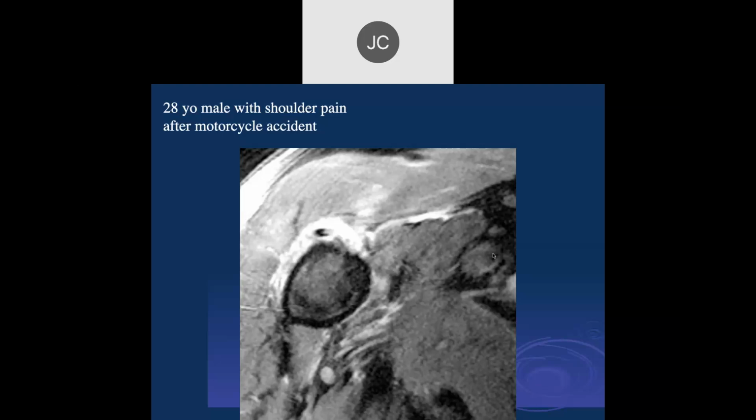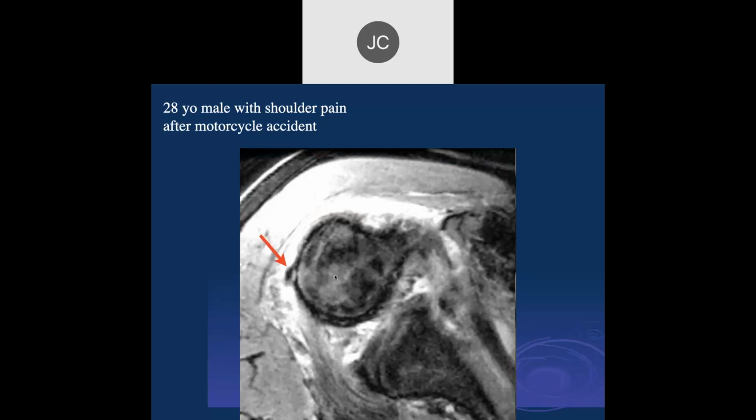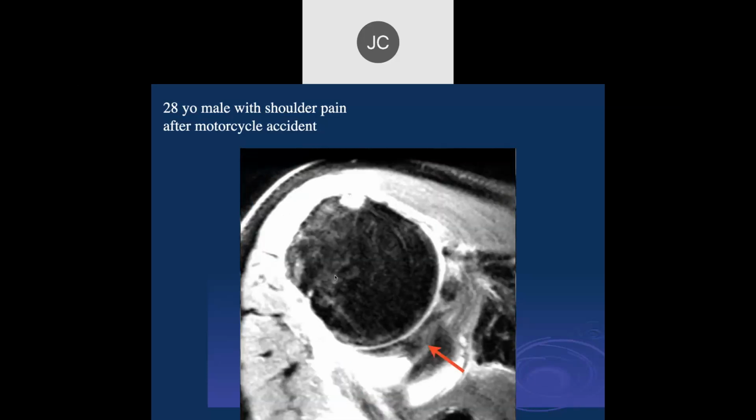All right, so we have a 28-year-old male with shoulder pain after a motorcycle accident. Okay, so what do you see here? I think I see the biceps, and there's a lot of edema surrounding. Okay, so there's one cut. Here's the next cut. The next cut looks like it's laterally subluxed.